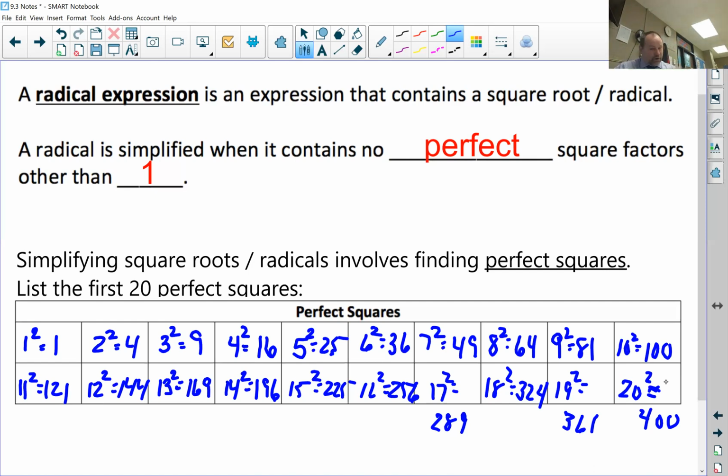Now, a few ways you can check to make sure that these are the perfect squares. If you remember our step pattern for x squared, we go over 1, up 3, up 5, up 7, up 9, up 11. So if you look at the odd integers, you should be able to add them to your previous answer to get your next one.